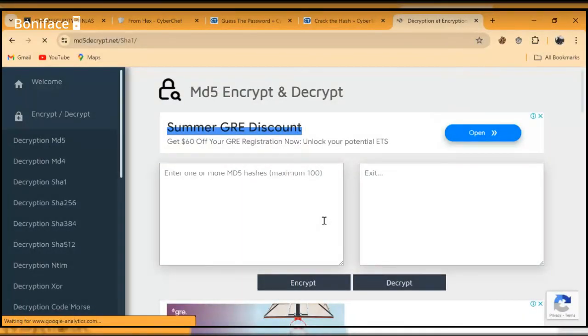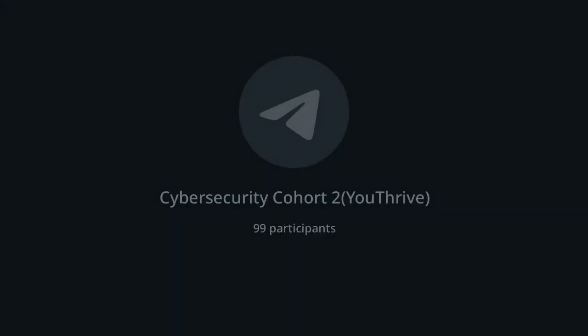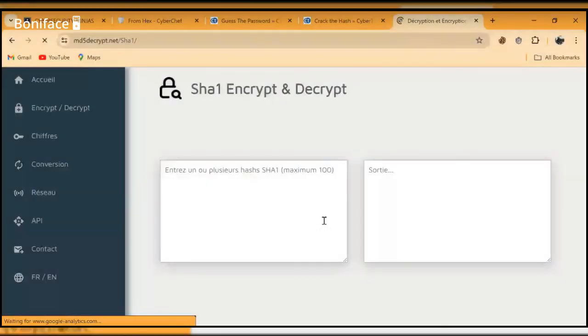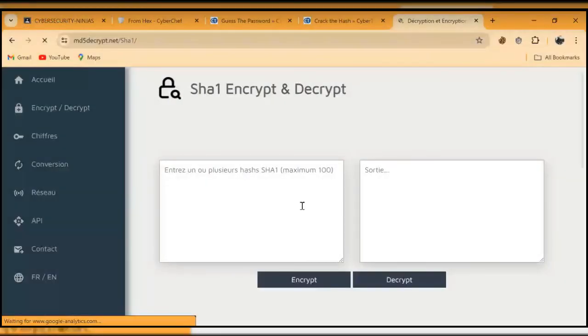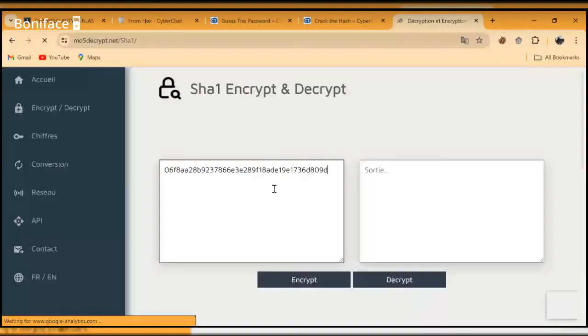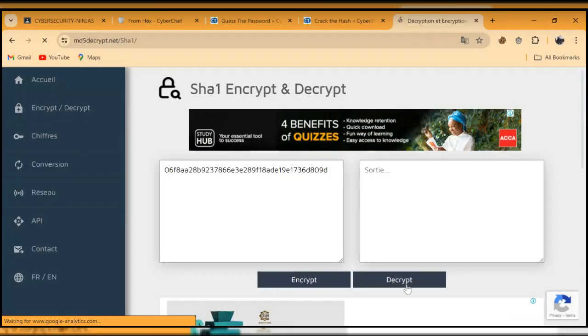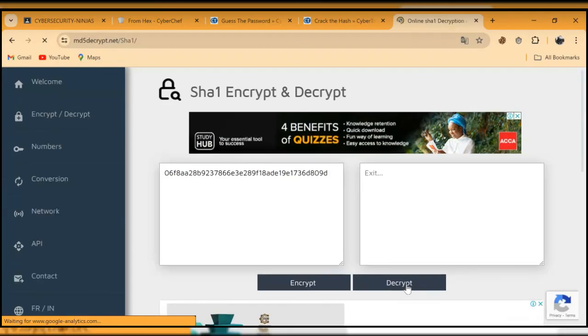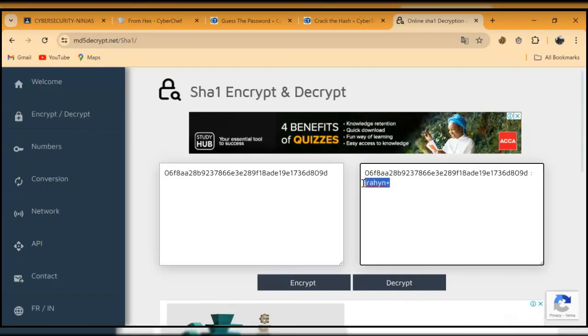Okay, so it's loading. So we can come here, we'll input the hash, right? Then we decrypt. Exactly. So we have our answer. Thank you very much, Samuel, for that response.